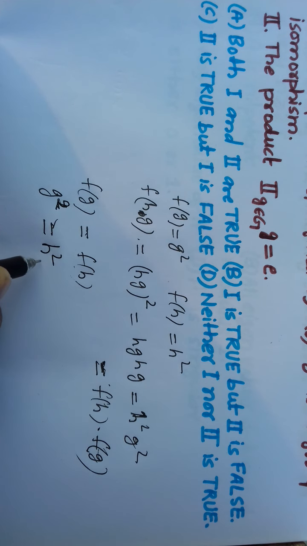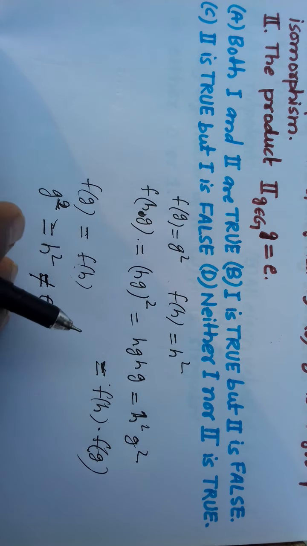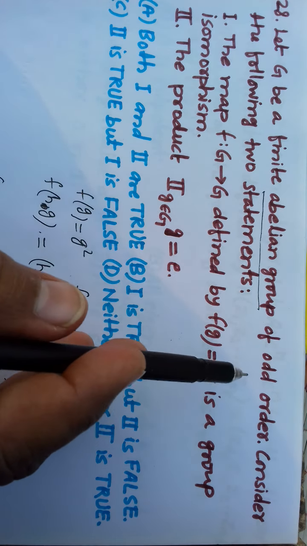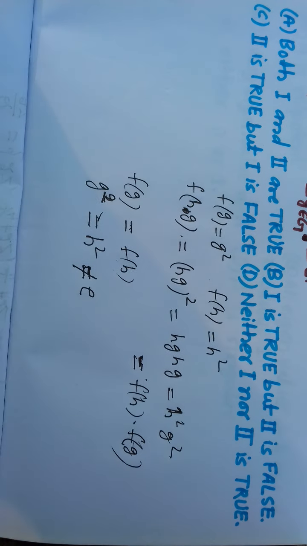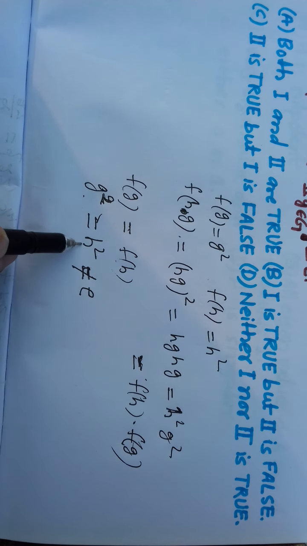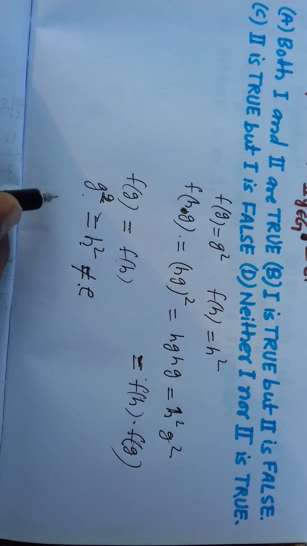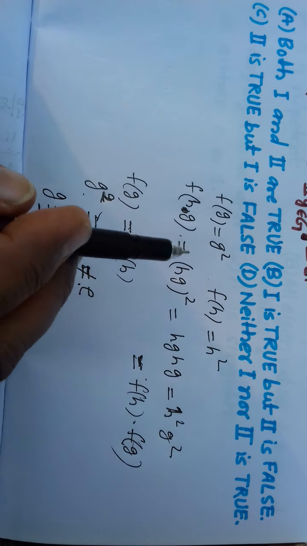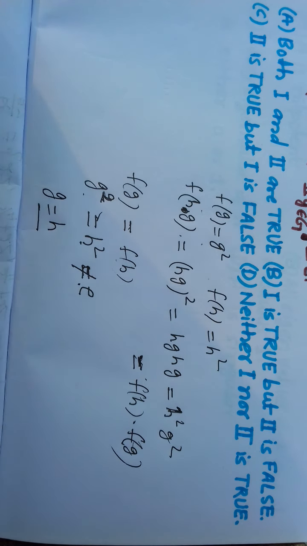But these two are not going to be the identity element, because the order of any element divides the order of the group, but you have here an odd order, and 2 does not divide any odd number, so these two are not going to be the identity element. This means that g equals h. So we have proved that this relation is 1-1.